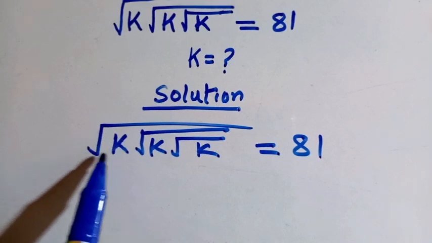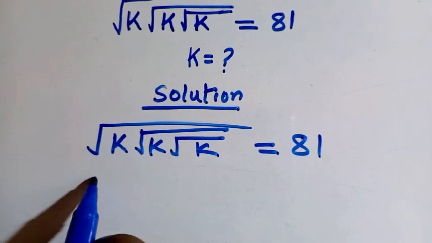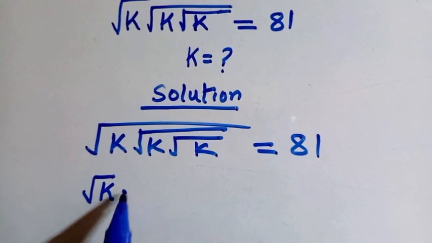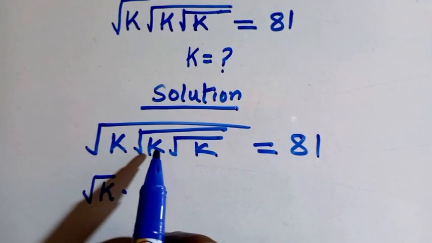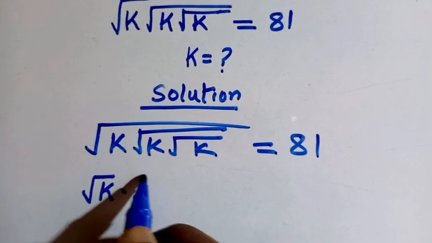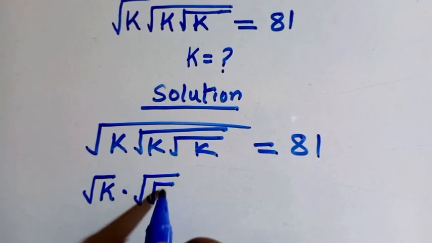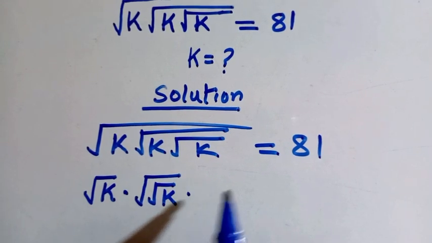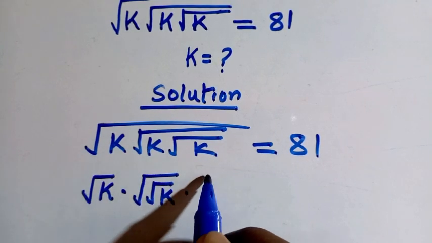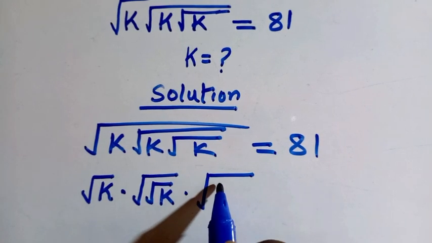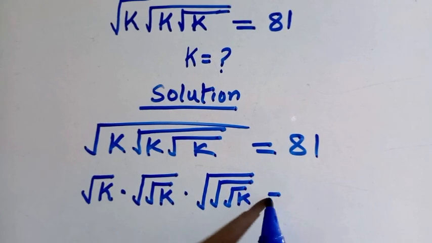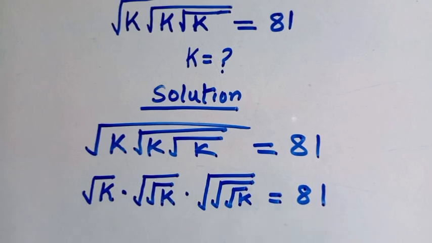Here we have the first root, and we can separate this as the square root of k multiplied by the second root, which is covered with the first root, so we write this as square root of k multiplied by the last one, which is covered with three roots, as the square root of k equals 81.